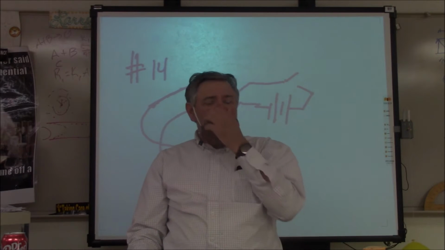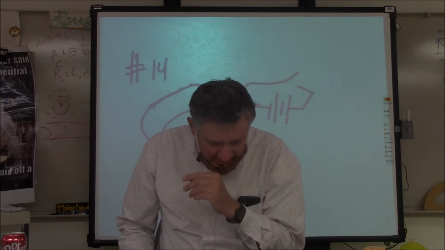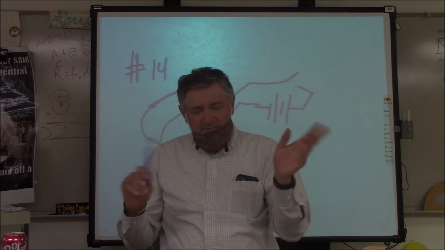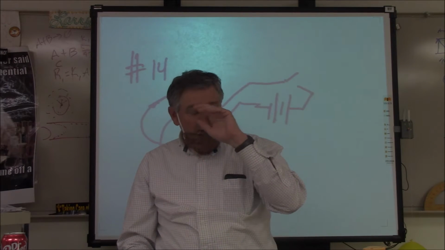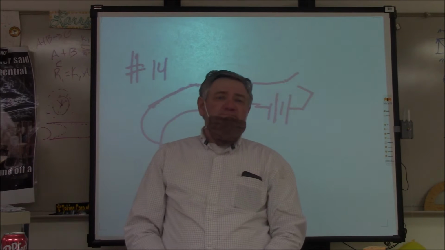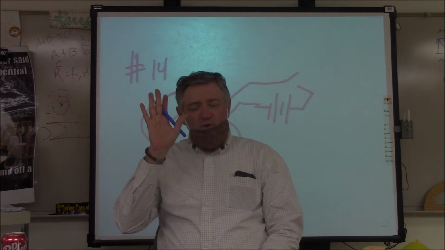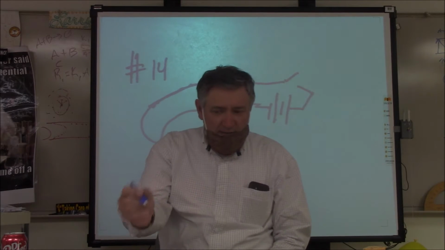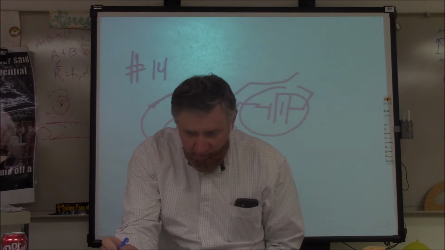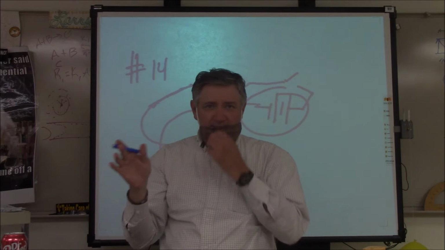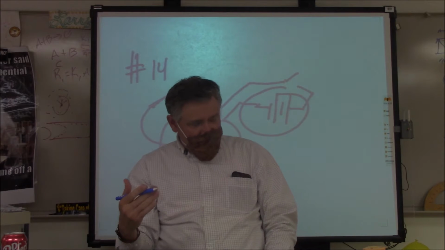Okay, so the first one was question number 14, which for the most part went okay. Here's the deal. The whole key to this problem is understanding what that battery is going to mean in terms of which direction the current's going to flow.